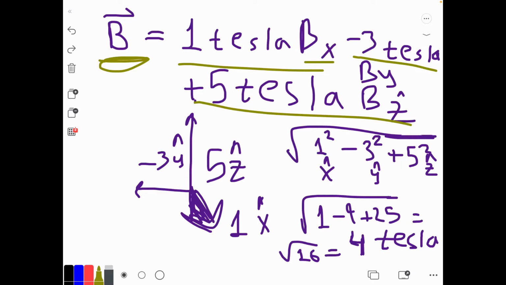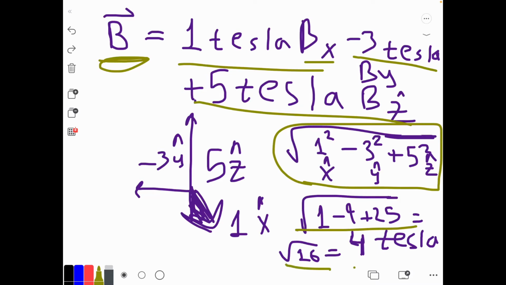Remember that all the components are squared, and the square root of all of these added is our magnitude. So we have 1 x hat squared, -3 y hat squared, and +5 z hat squared. We have 1 plus 9 plus 25, square root of all of those. Square root of 16 is 4 Tesla, and that's what we get.